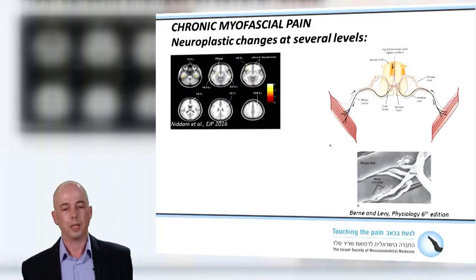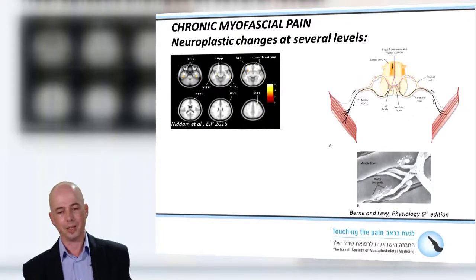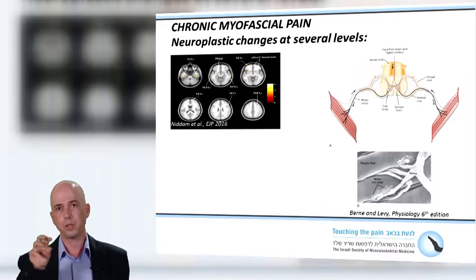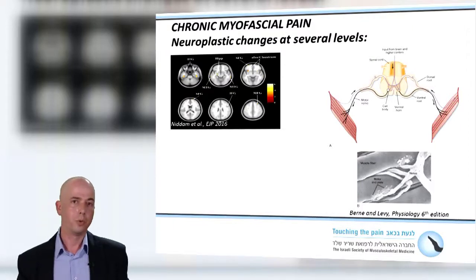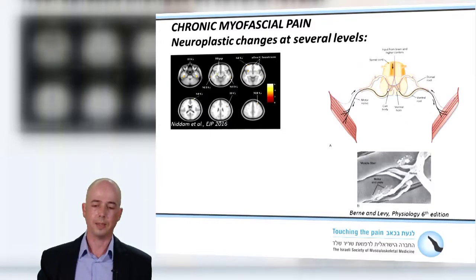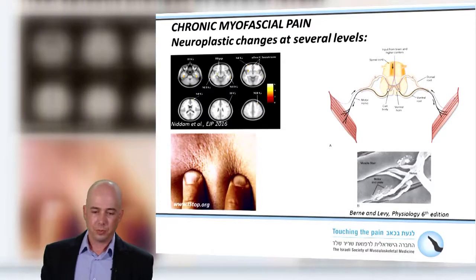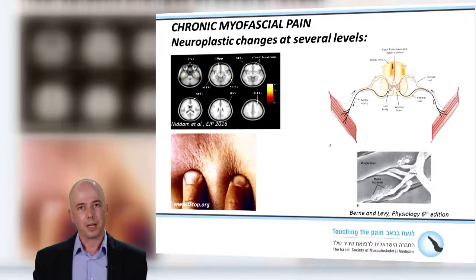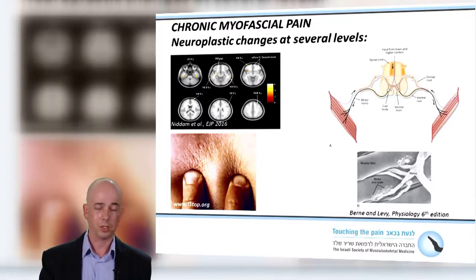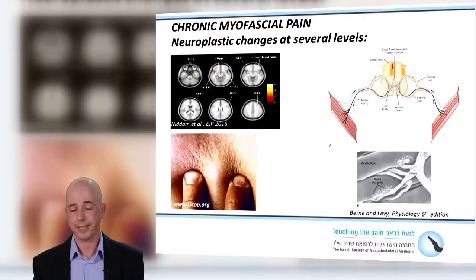Recent works have shown that there is an atrophy of gray matter in different areas of the brain that are responsible for pain modulation, for pain assessment, and even for negative affect. And the last thing, very interestingly, we see that many times there are also changes in the autonomic nervous system, which cause different signs that we can see on physical examination of the skin.